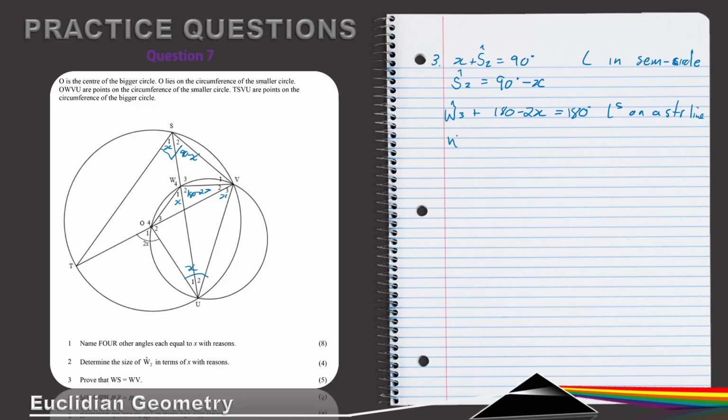And solving for W3, we just take the others to the other side, so 180 minus 180 plus 2x. So this is going to leave us with 2x. Okay, so this is then 2x.